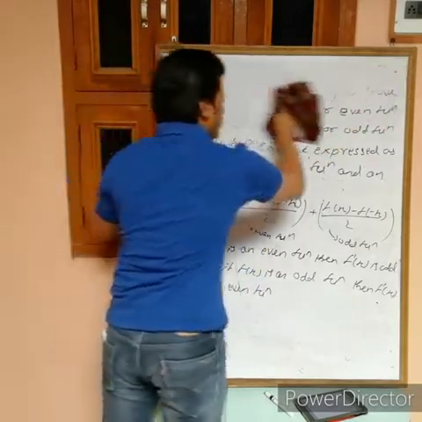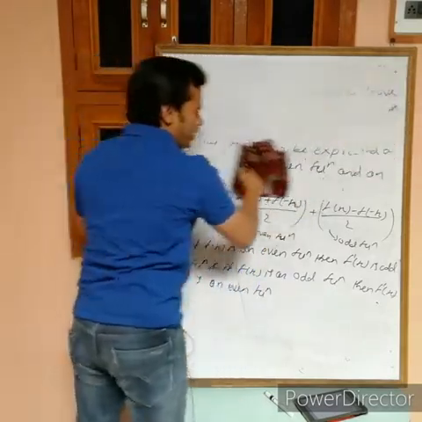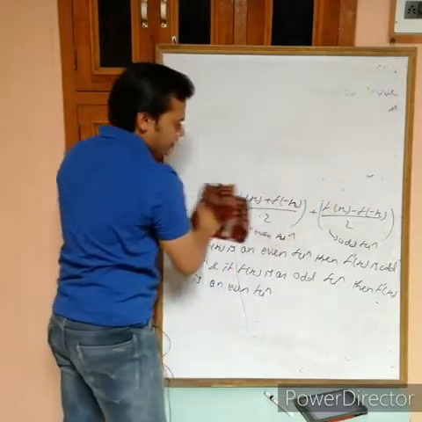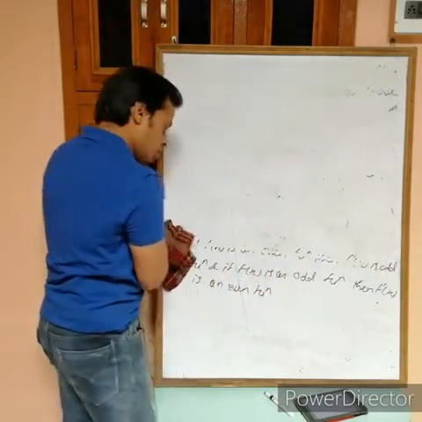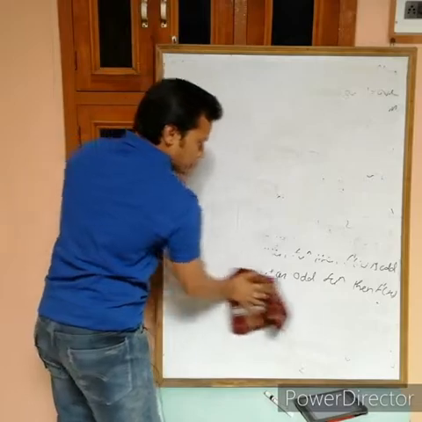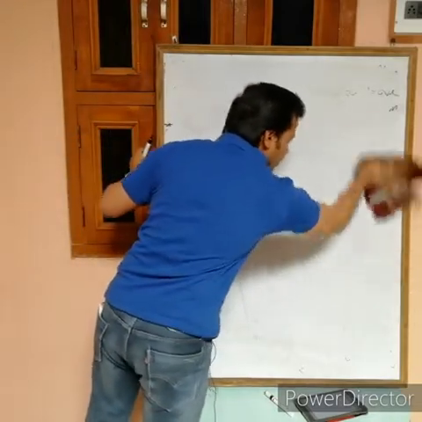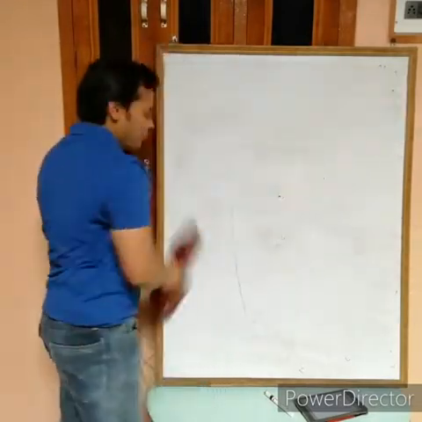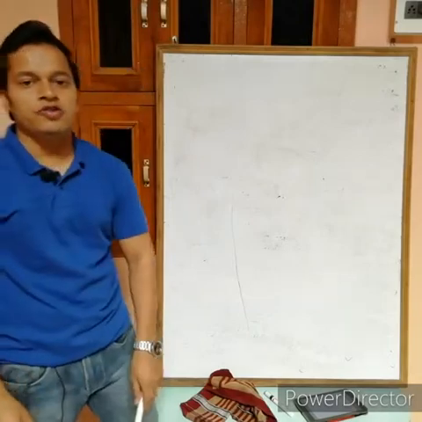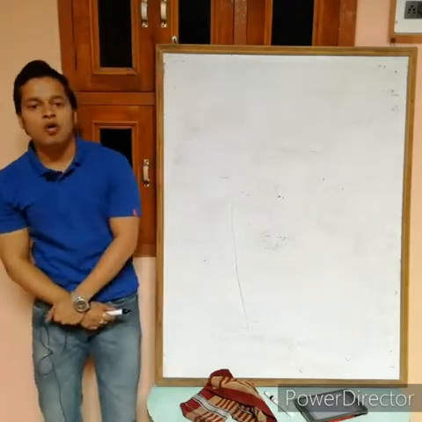Okay. Now for the fourth point. We know that if f(-x) equals f(x), then the function is an even function. And if f(-x) equals -f(x), then the function is an odd function.